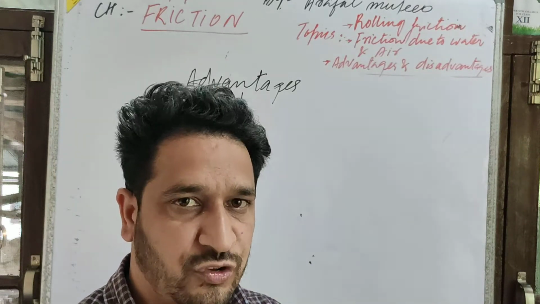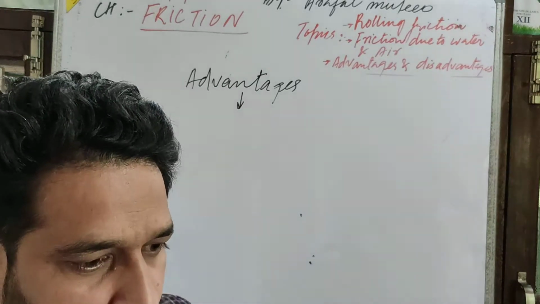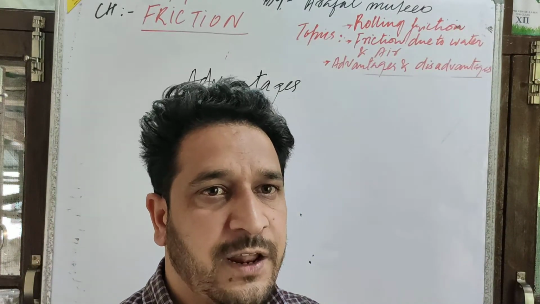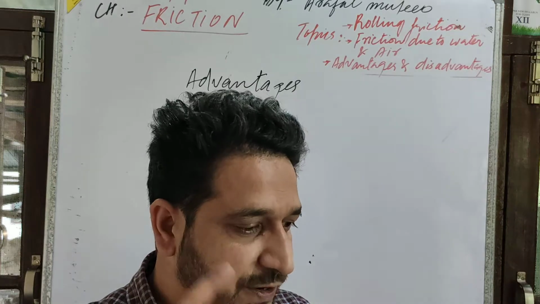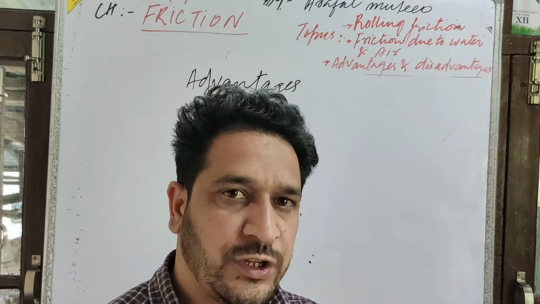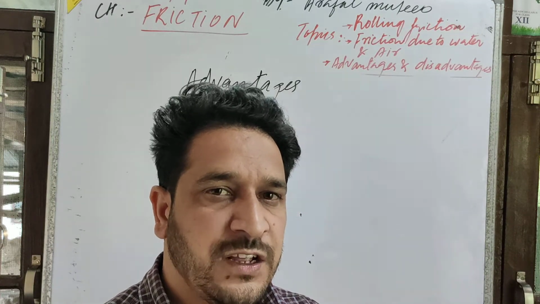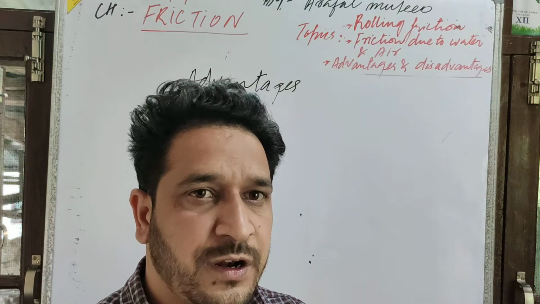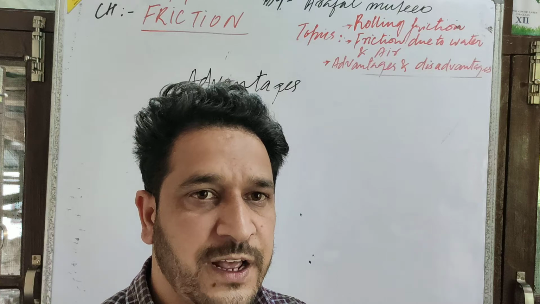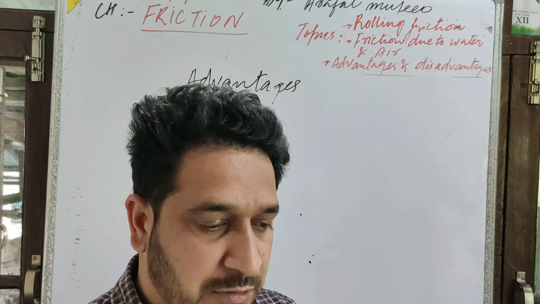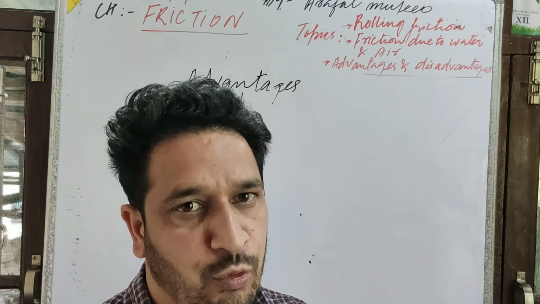We exert force by our sole on the ground surface, and then we can move forward. And because of the friction, our shoes have soles with a rough surface and they should be rough, they should not be slippery, and the ground should have roughness. Then it is very easy to move.